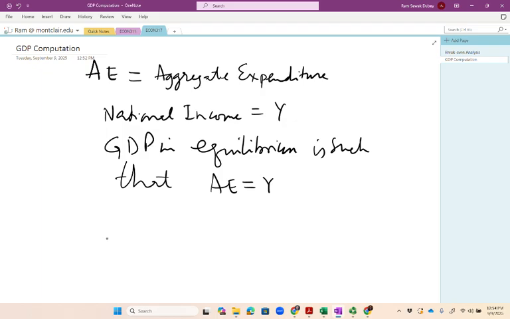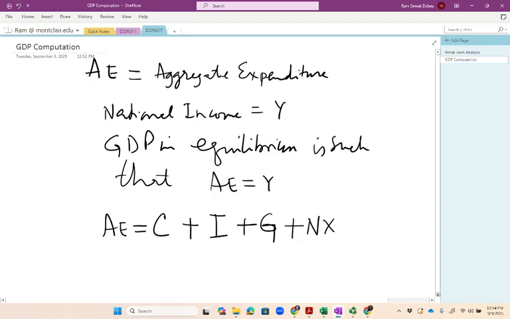Let's go over the aggregate expenditure. It is the sum of the household consumption, I will describe it by C, then the private investment made by all the businesses in the economy, plus the government expenditure, and then the last term being the net export, where net export is the difference between export and import.